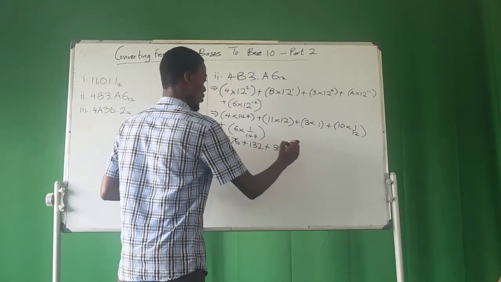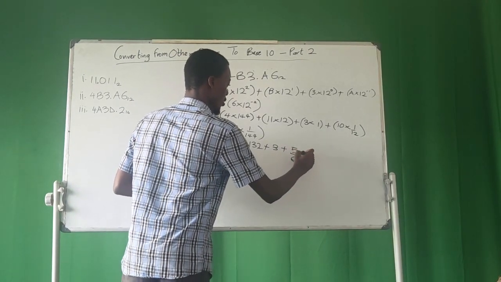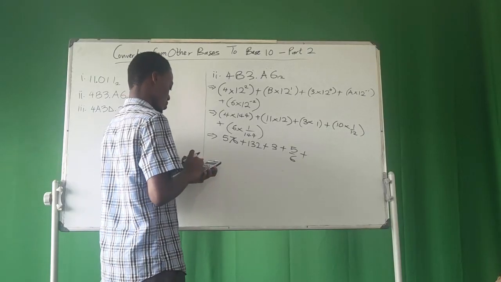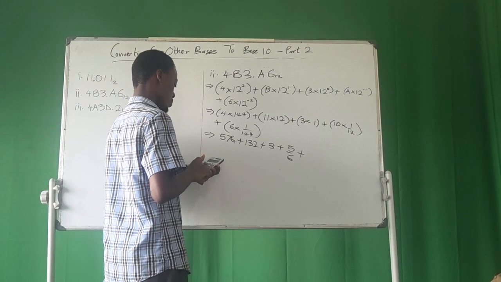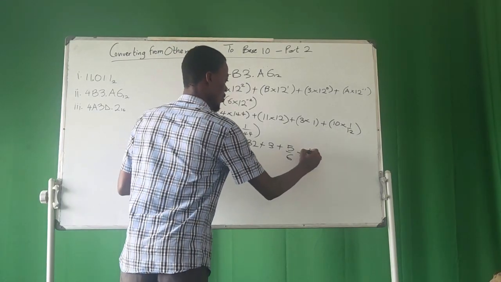This is the same as 5 over 6, plus 6 times 1 over 144, which is the same as 1 over 24.